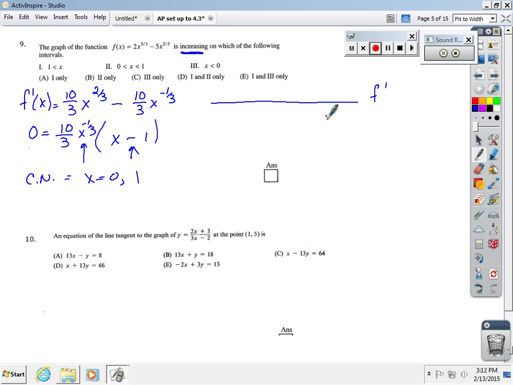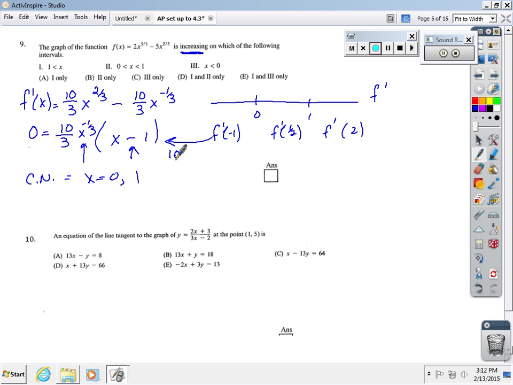Okay, so on my f prime number line, we put 0, we put 1. We do f prime of negative 1, f prime of a half, and f prime of 2. So first, putting negative 1 into the derivative.